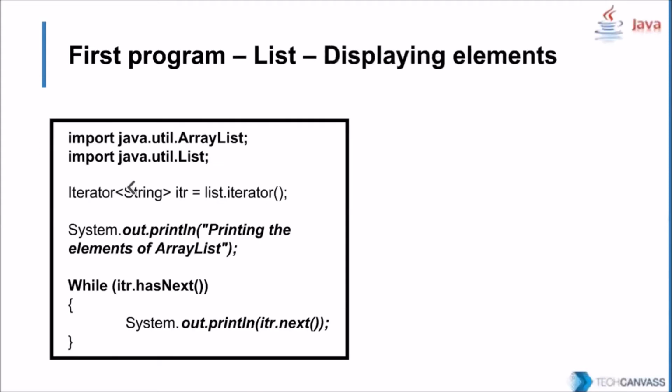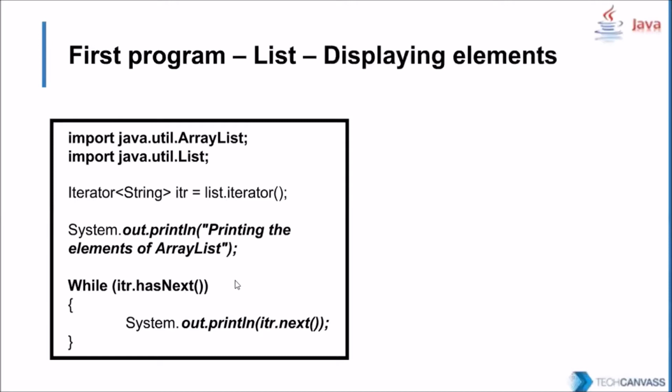Now see, the iterator. How to use an iterator is this way. We say Iterator<String>, we give a variable name, and we say list.iterator(). What it will do is keep on executing this loop as long as the condition is true. It will check for the next value with hasNext. If there is a next value, it will be true.